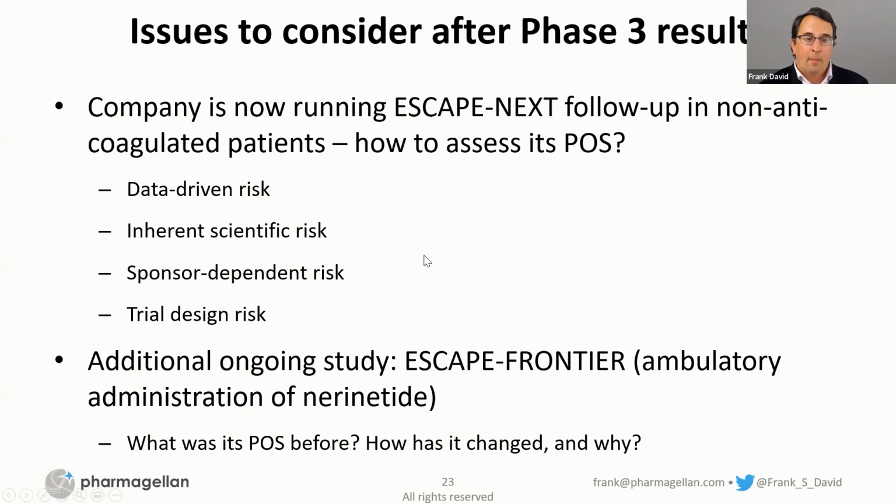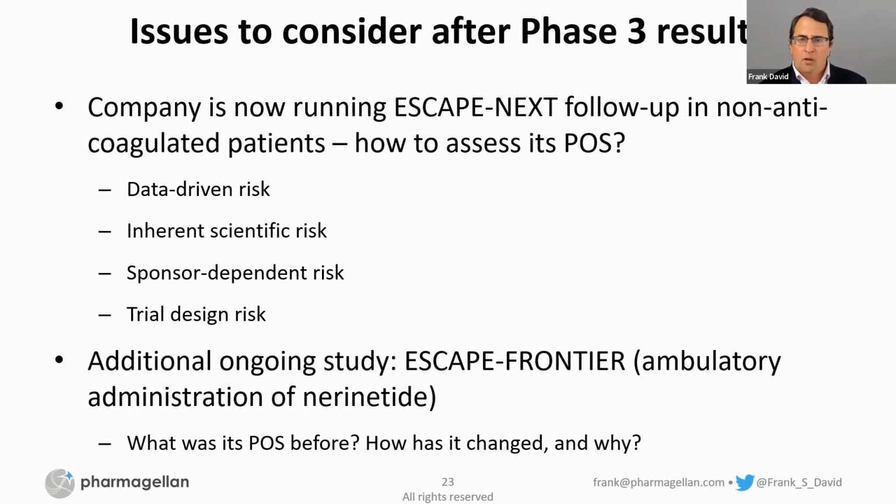for the first study. Interestingly, they also have another study ongoing, which they call Escape Frontier, which involves administering Neuroanatide in the ambulance. Basically you find the patient, you haven't even imaged to find out whether it's an ischemic or a hemorrhagic stroke, and you give Neuroanatide to those patients. So it might be worth thinking about how risk tracks across different, related studies, right? These are studies with the exact same drug.